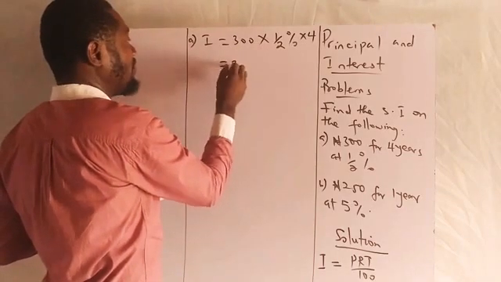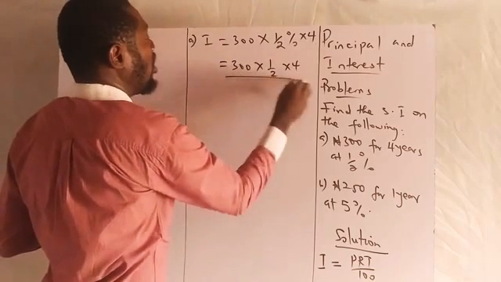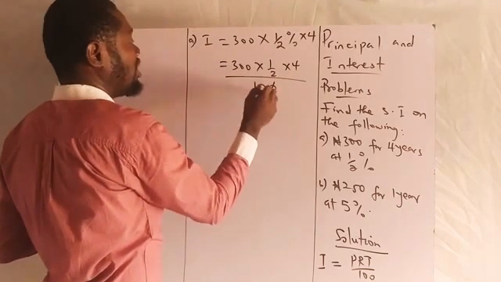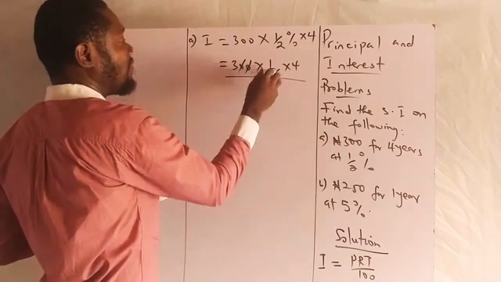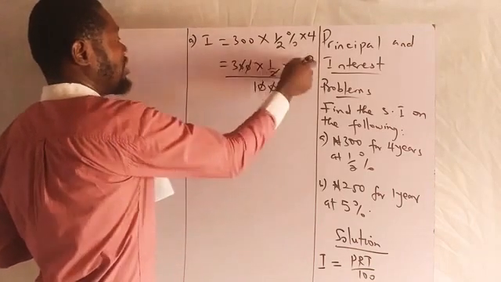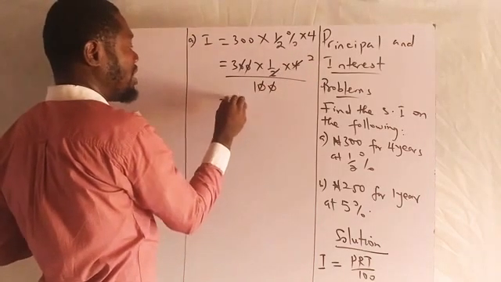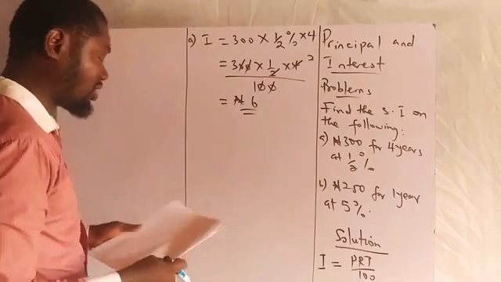So that is what I'm going to have: 300 times 1/2 times 4 all over 100. We cancel this 0 with this 0, and 2 cancels 4. That will be 2. So I have 3 and 2 left. So our answer will be 6 naira.